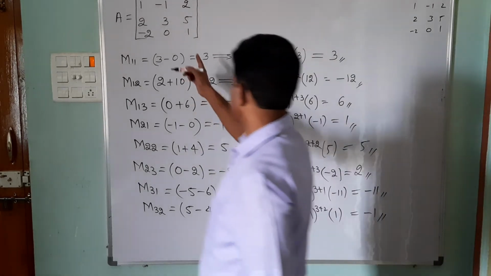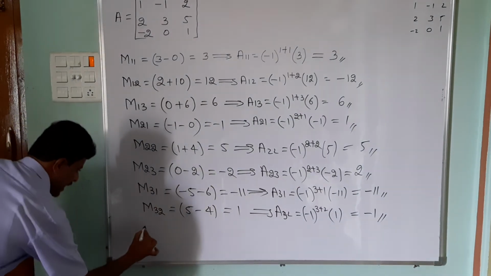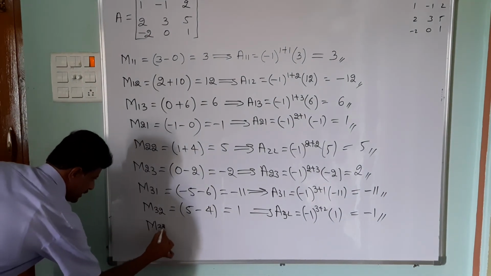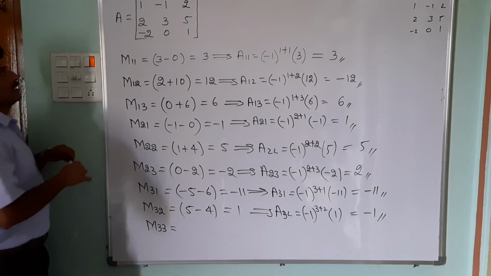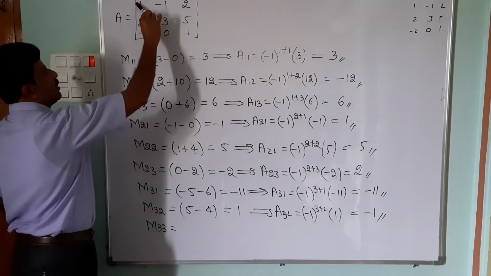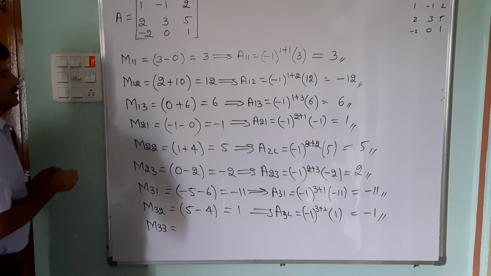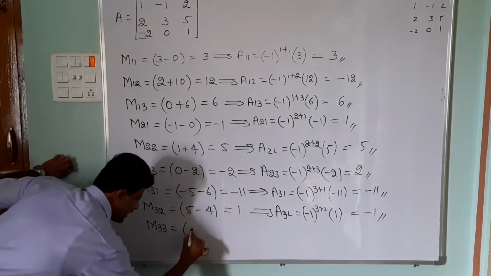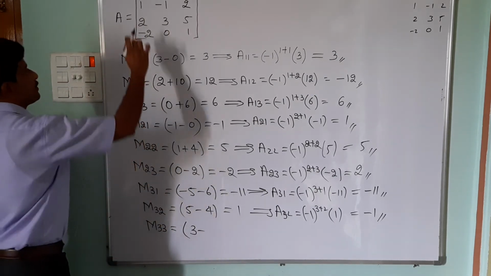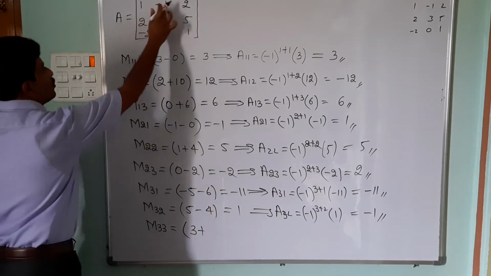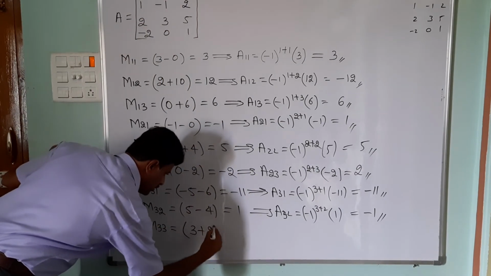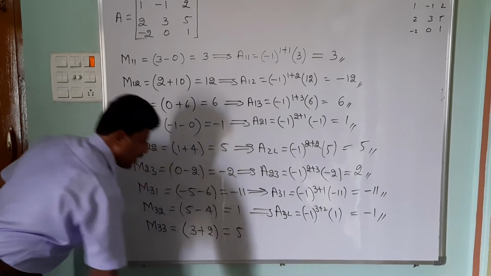Last one, m33. So m33, close this column and row: 1 minus 1, 2 3. 1 into 3 is 3, minus plus into minus, minus into minus plus, 2 ones are 2. So 3 plus 2 is equal to 5.